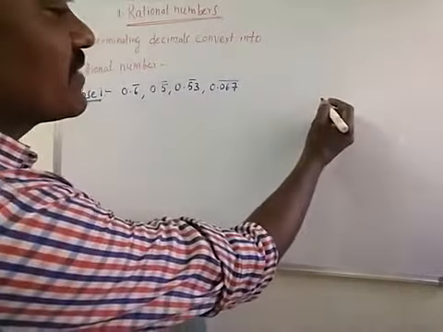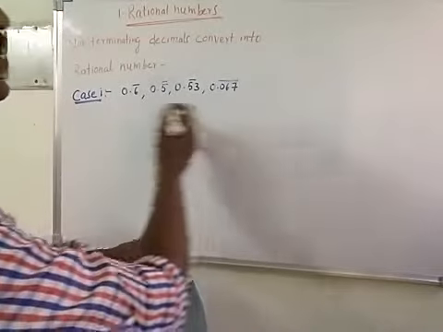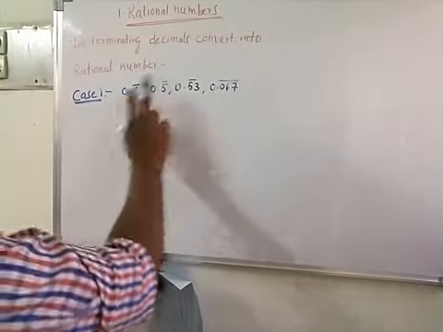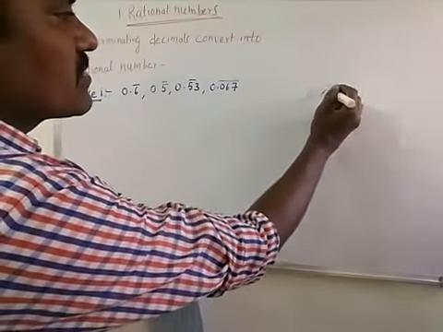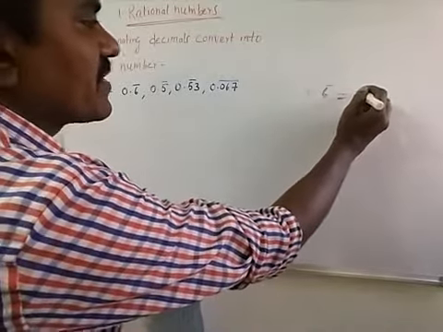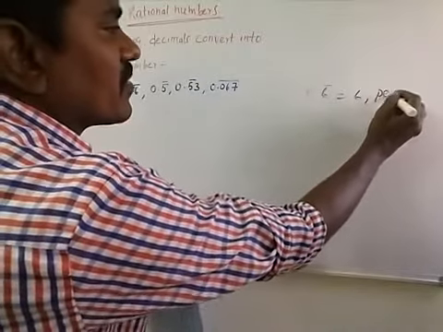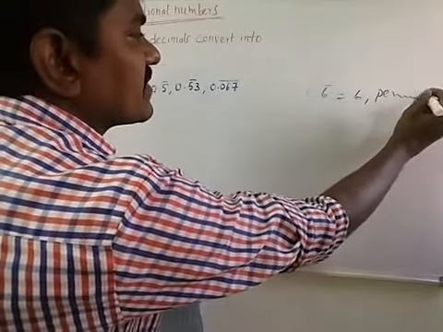So what is the period of 0.6 bar? The period is 6. Periodicity is 1.